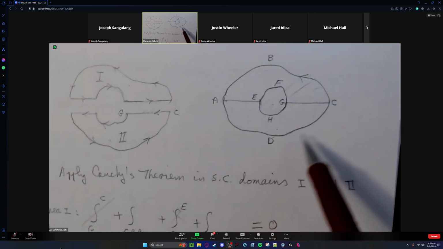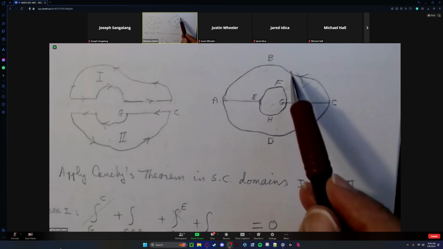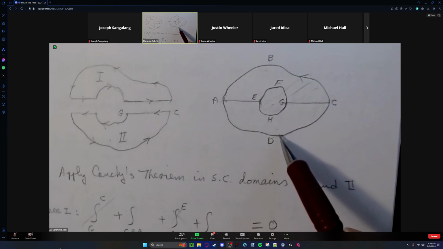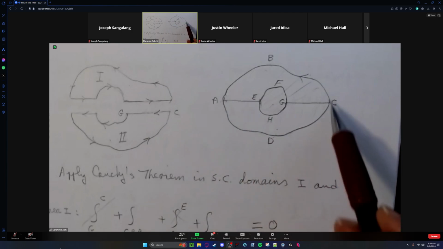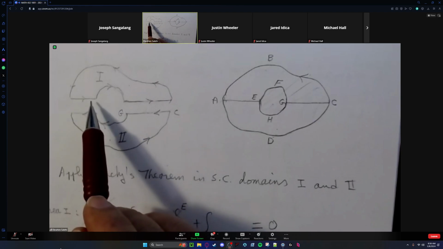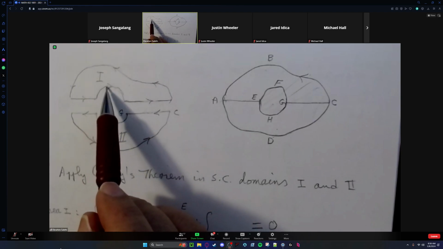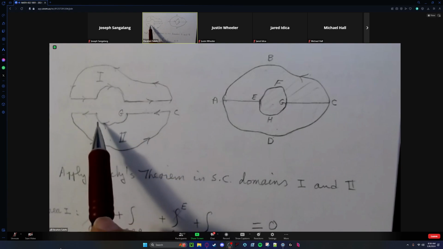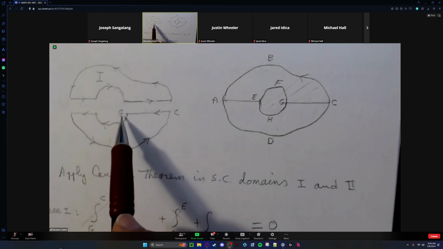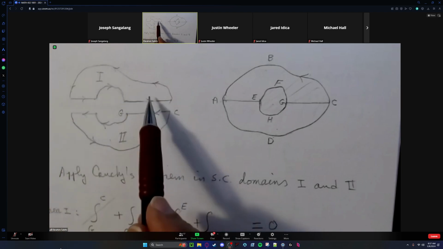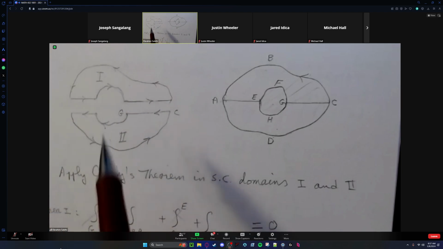So the outer boundary, the combination of that and this will give me the integral over outer boundary. But the combination of this one and this one gives me the integral over inner boundary, but clockwise. Oh, look, this is clockwise, that is counterclockwise. So I can change the direction.